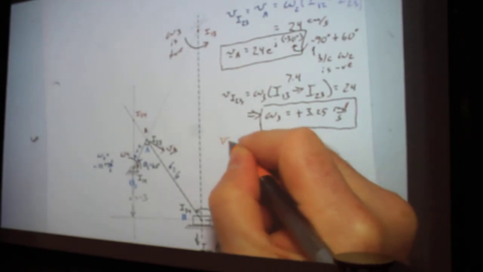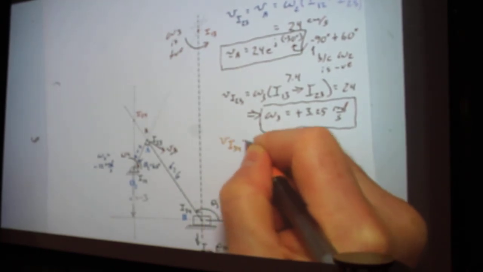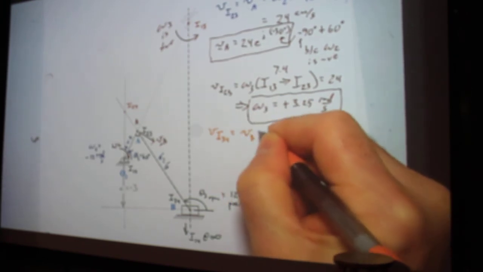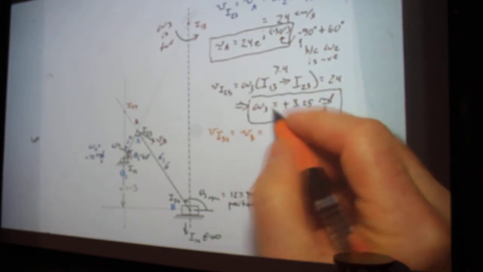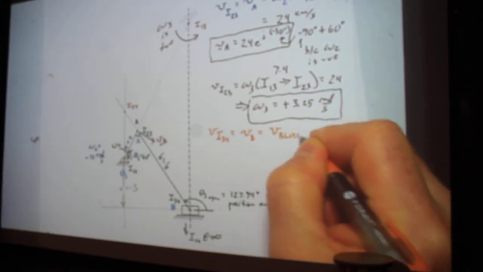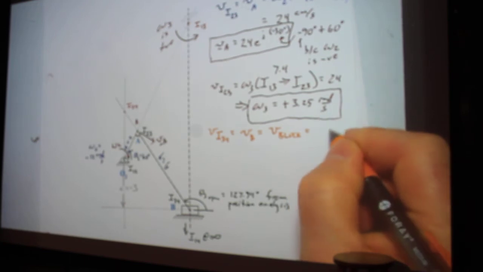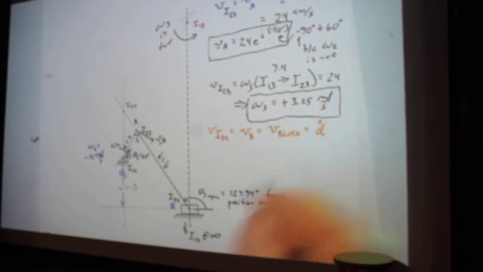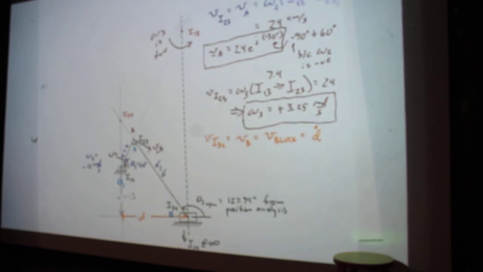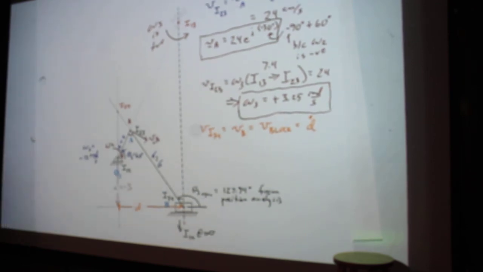Velocity of I-34. This equals the velocity of V, which equals the velocity of the block, which equals what we call d dot. D dot is this thing here. This is d here. How d is changing with respect to time is d dot. So all those things are the same.